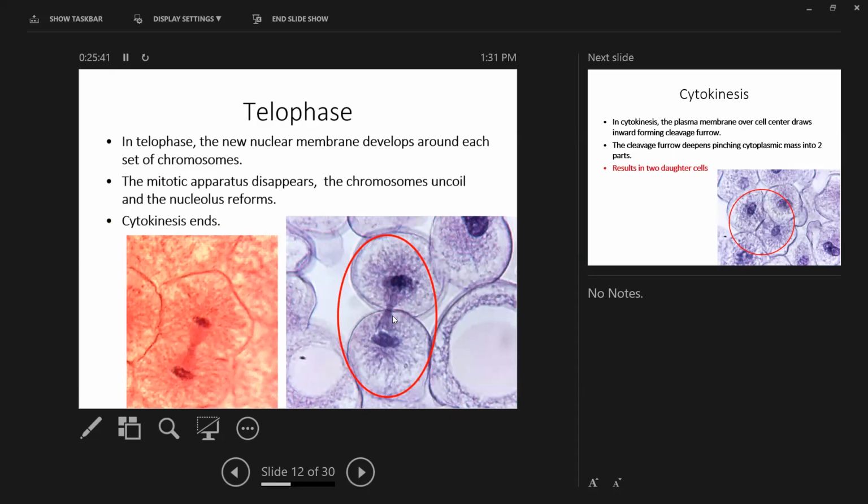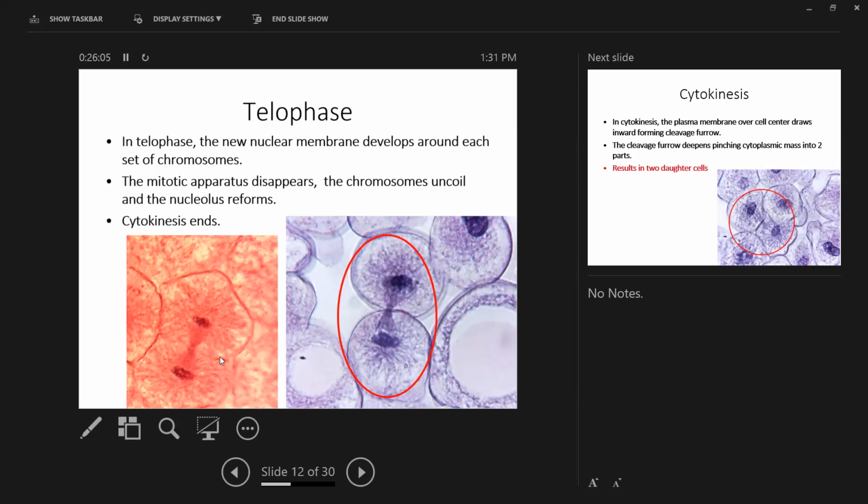In telophase, we have cytokinesis continuing. In fact, cytokinesis will run all the way through it. If it's working, it will divide the cell in half. We can see two distinct daughter cells here. Here we see it's working on it. During telophase, the chromosomes have reached the opposite ends of the cell.